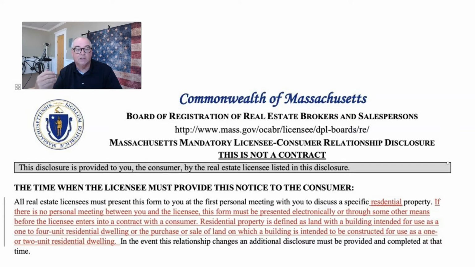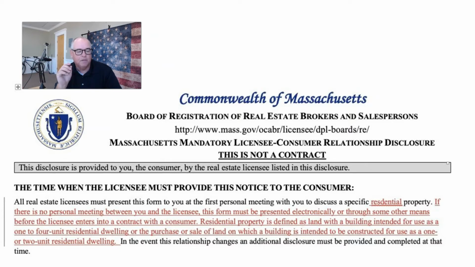The next sentence is the new one, and it's a long sentence or two, so we'll cut it down into sections here. If there is no personal meeting between you and the licensee, this form must be presented electronically by e-signature, basically, or through some other means. And I like that phrase, or through some other means, because that allows for the advancement of technology, and therefore we might not have to revisit this in the future should there be something other than electronic.